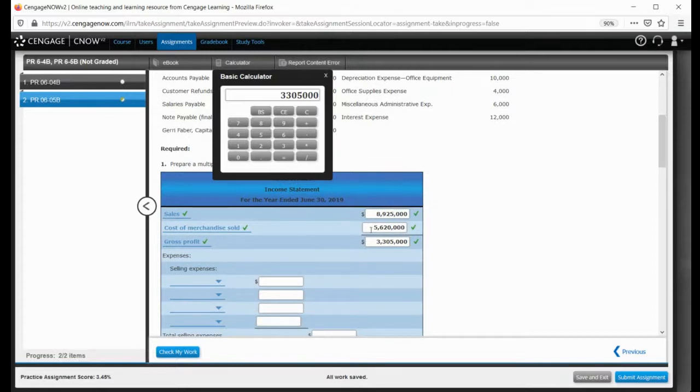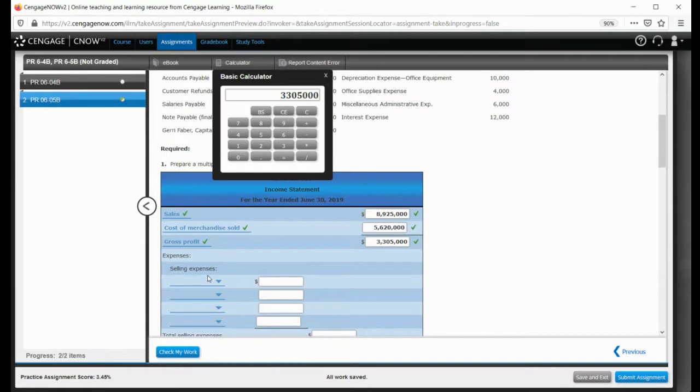The next part of the income statement is to record your operating expenses. Notice in Cengage, they really should have put down here that these were operating expenses that we're talking about. Operating expenses are broken down into two categories. One is the selling expenses.